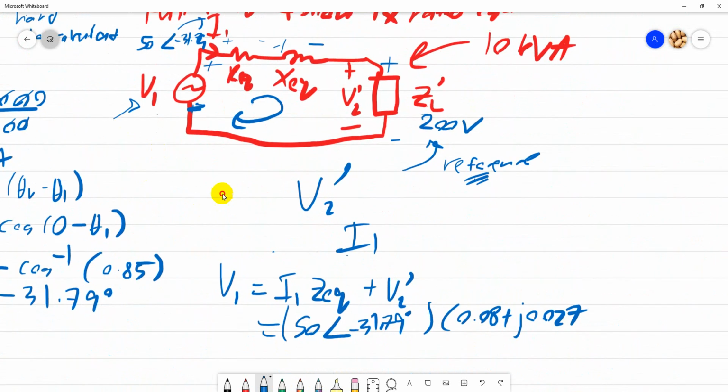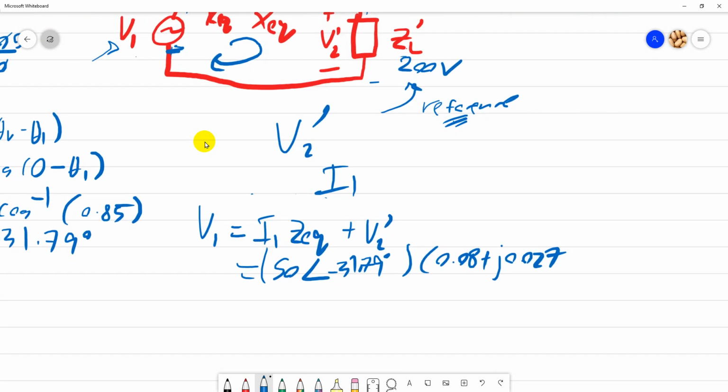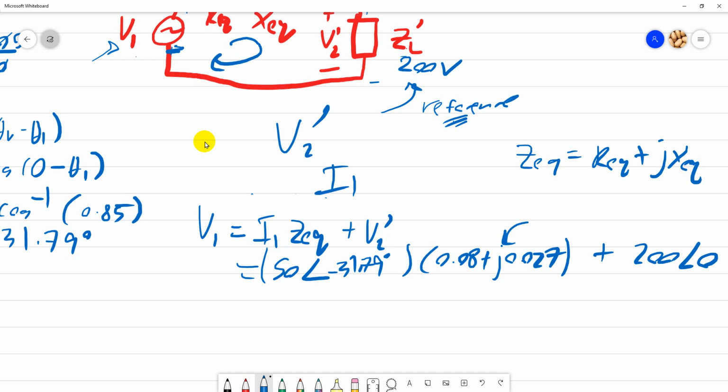You get the ZEQ. Don't forget the J. So ZEQ is basically REQ plus JXEQ. So don't forget the J. And then plus 200 angle 0. So you get V1.